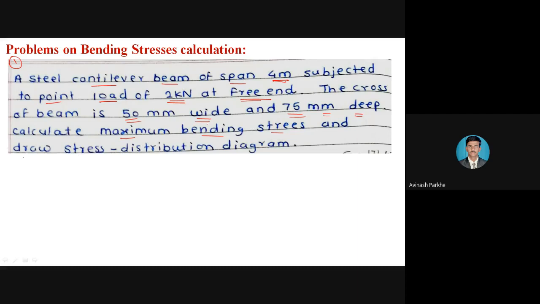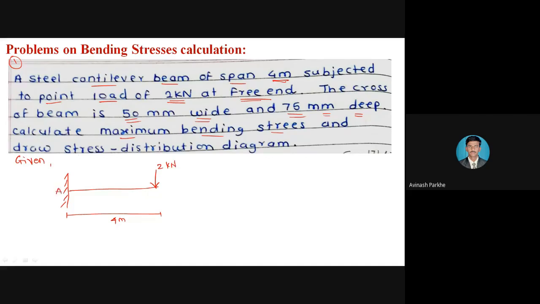As per the statement, I will draw the figure first. Cantilever beam is given, one end is fixed, another end is free. So this is the cantilever beam. The length of that particular beam is total 4 meter. It is subjected to the point load of 2 kilonewton.